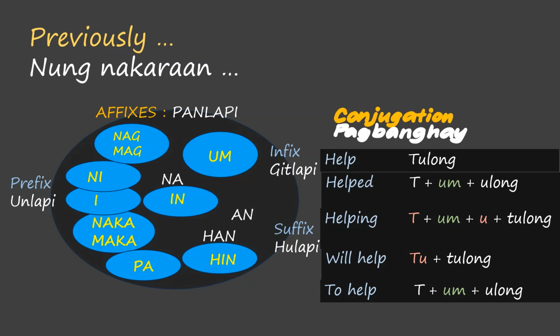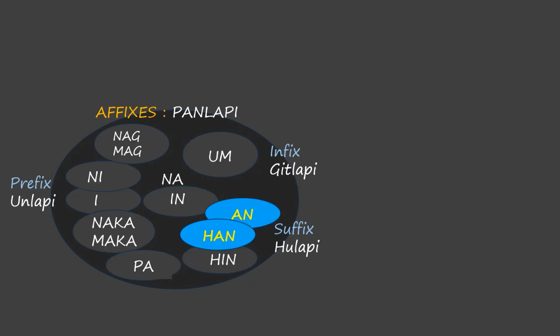If you want to look at the lessons on this, the link will be in the description. In this lesson, we will learn to use the suffixes or hulapi that are an and han. We use an and han for verbs about giving help, service, or favor.